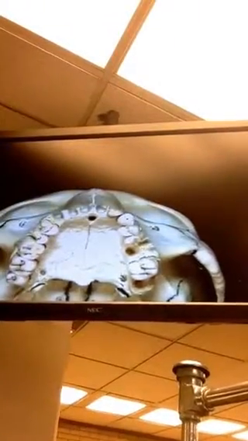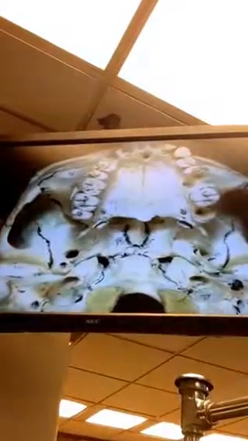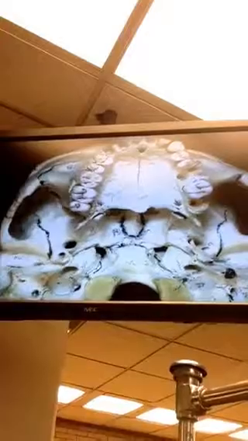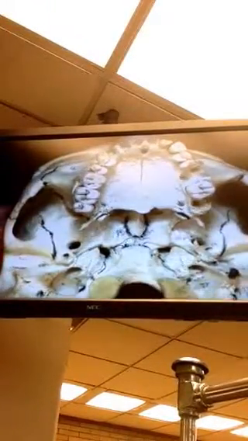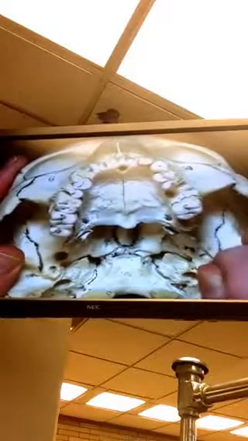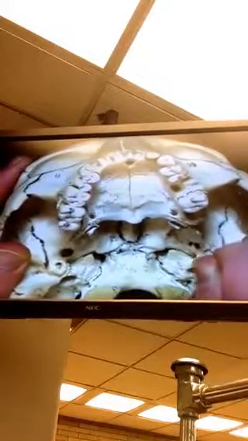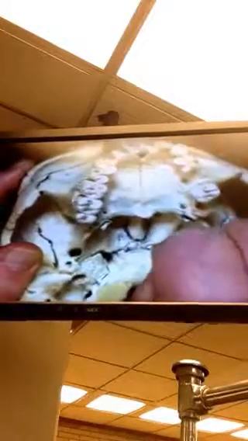If we come around and put the skull down, looking at the hard palate, we can see some openings in the hard palate as well. This is the palatine bone. Can you see that? Okay, here's a small opening back here. That is a lesser palatine foramen for the transmission of lesser palatine nerves and vessels.